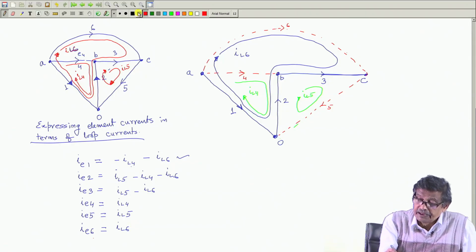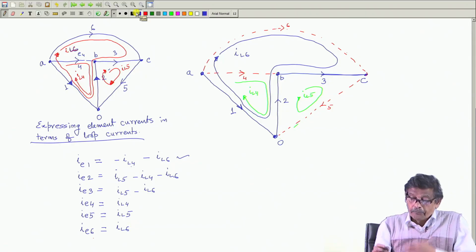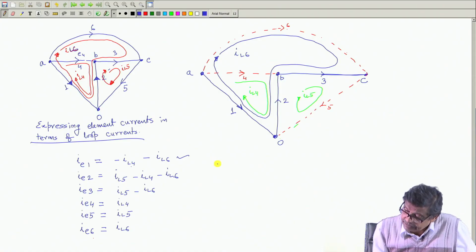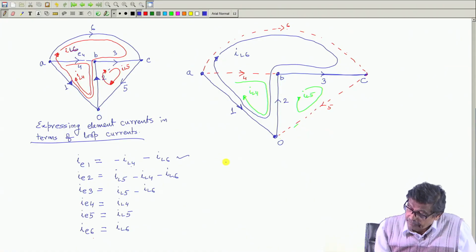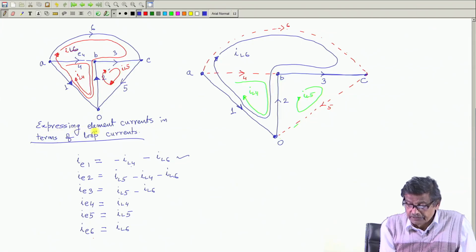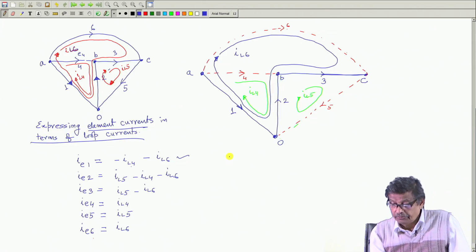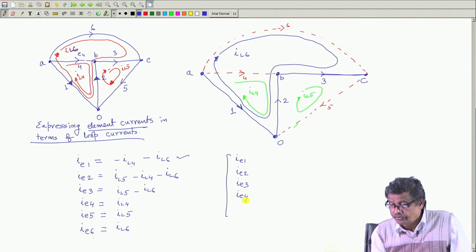Now, this can be written in the form of a matrix. What is that matrix? Because I want to express the element currents in terms of loop currents, if you write it down in terms of a matrix, it will be IE1, IE2, IE3, 4, 5 and 6, these element currents.